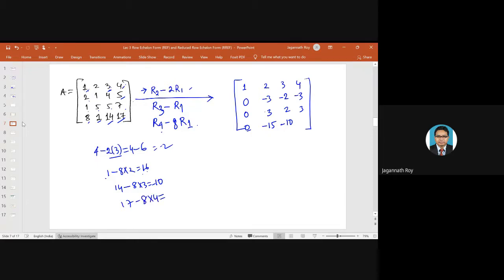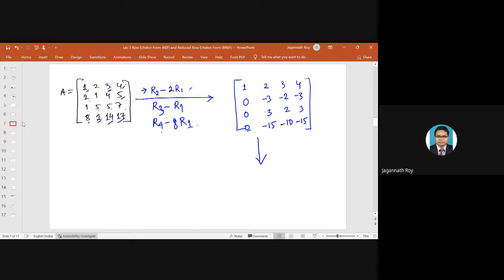So this becomes 17 minus 32. So minus 15. Okay. So these rough calculations you should do side by side. Otherwise, there is a chance to commit mistakes.